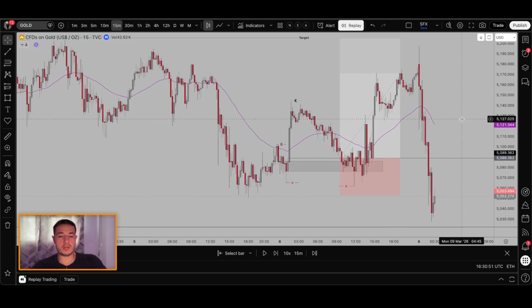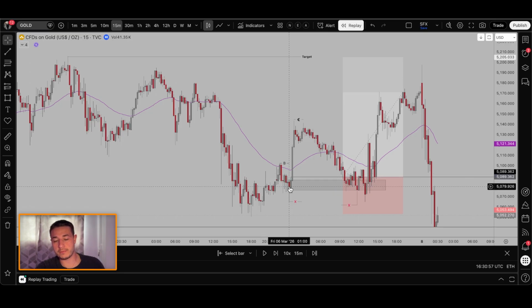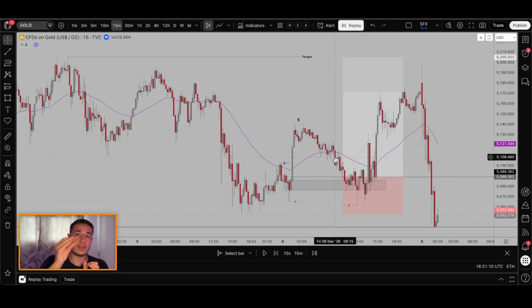So the point of this trade is, first, we have a regular structure to the upside here. We create a fair value gap. We have a demand area. We took liquidity and everything. We have a structure moving the price to the downside, which is very good honestly, because it shows that it's slowly coming down to your entry point without the momentum.